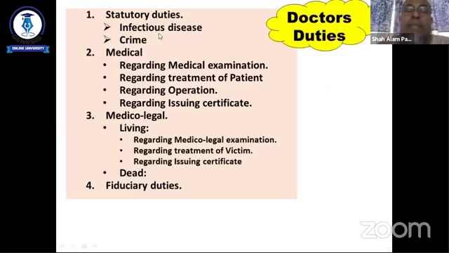In that case, you have to inform the police, and for infectious disease, you have to inform the health authority. As a citizen, these are your duties, and not only as a citizen but also as a medical person in the proper place. Whenever you accept a patient for treatment, these are the duties that you have to follow.